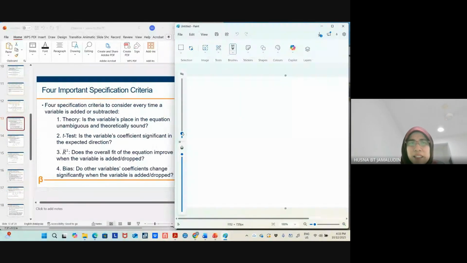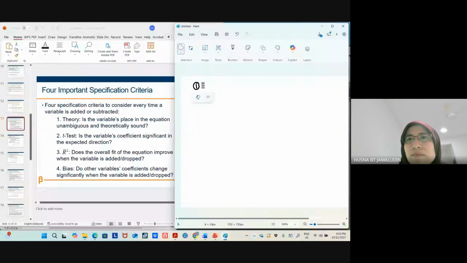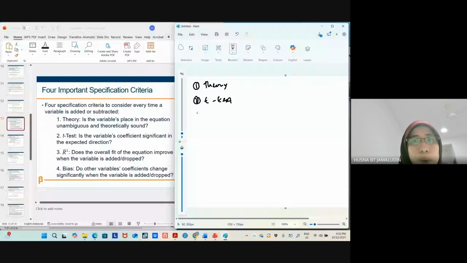Let me write here. One, theory: is it supported by theory or not? Two, t-test. Three, R-bar square. Four, causes bias or not.